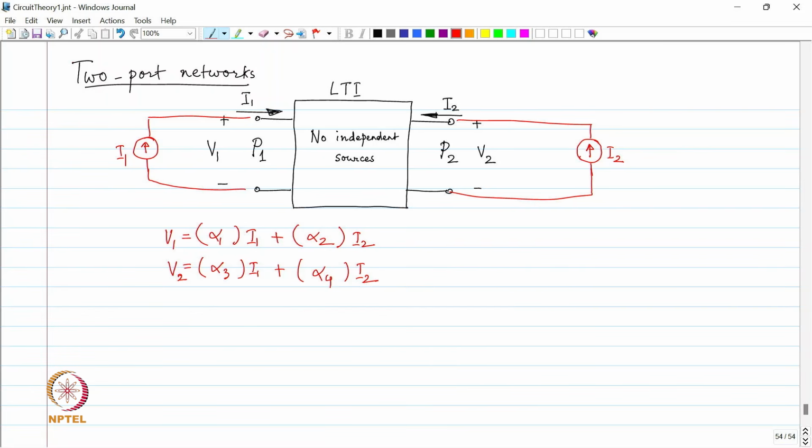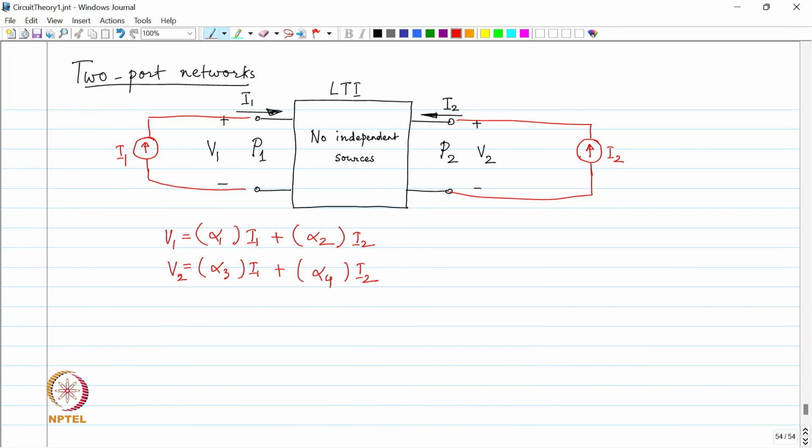And if I apply V1 and I2, then those two become the independent variables and V2 and I1 become the dependent variables. Right now, in this case, I1 and I2 are the independent variables, because those are the two sources. V1 and V2 are the dependent variables, because those are what you measure.